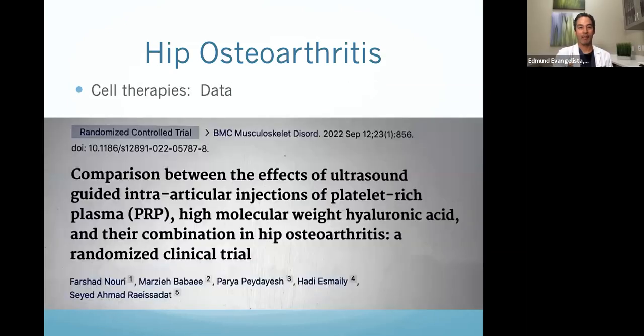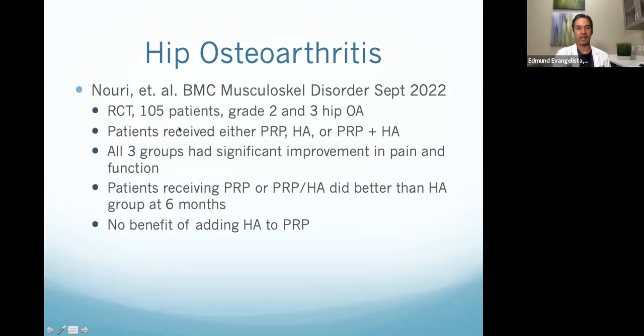And then there was another study, a randomized controlled trial more recently published in September of 2022. So this was not included in that systematic review because it was around the same time as the other study was published. But this compared injection of PRP to HA to a combination of PRP and HA into a patient with hip arthritis. This contained 105 patients, moderate grade arthritis.